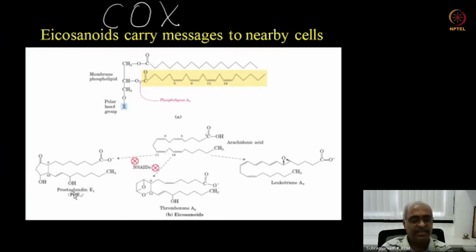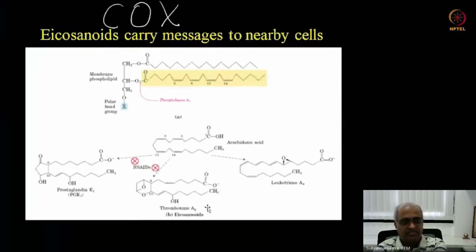There are many derivatives, that is what is indicated by E1 here, so I'm not going to get into those details, not necessary here. And this is how biosynthesis of prostaglandin takes place. And with a different modification, you have thromboxane, and then another one, leukotriene. So this is not cyclical. Okay, so here you have this peroxide kind of structure here.